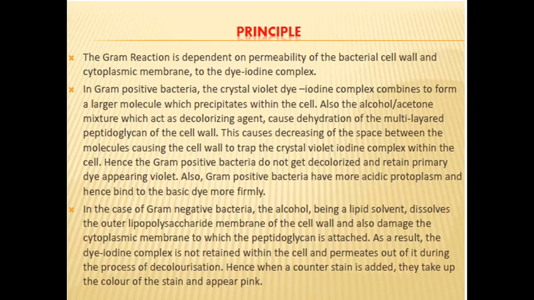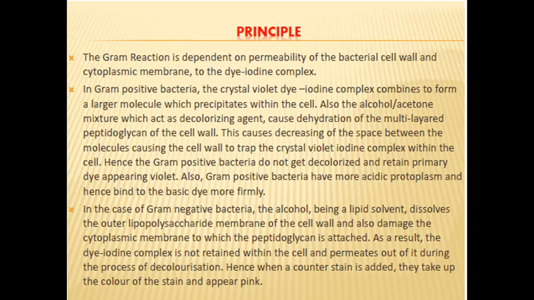Because gram positive bacteria have a low lipid content, and that's why alcohol dissolves that lipid content and forms small pores, and that small pore opening closes again due to the dehydration, and the CVI complex, the crystal violet molecules present inside the cell wall, are unable to come out from the cells and remain as they are in the cell wall, and that's why gram positive bacteria appear in a purple color.